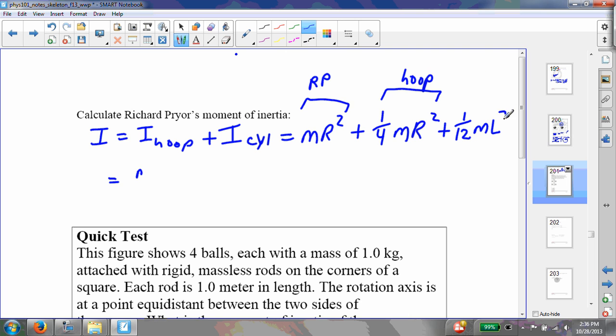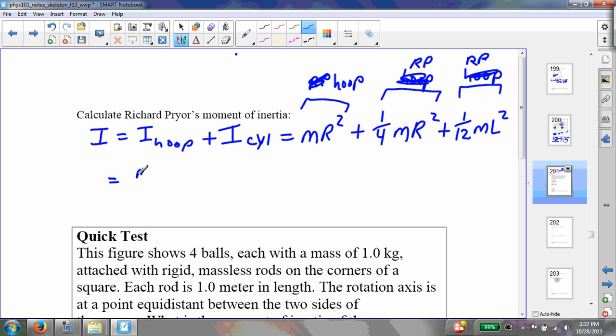See, I just took these from the table. This is also for the hoop, or for the Wonder Wheel. Then I can put in some numbers there. Oh, I'm sorry, I got this mixed up. So this is for the hoop, and both of these are for Richard Pryor. Apologize for that. Okay, so I have two different components that are coming together, and I'm adding these shapes together. I want to figure out what is the total moment of inertia.